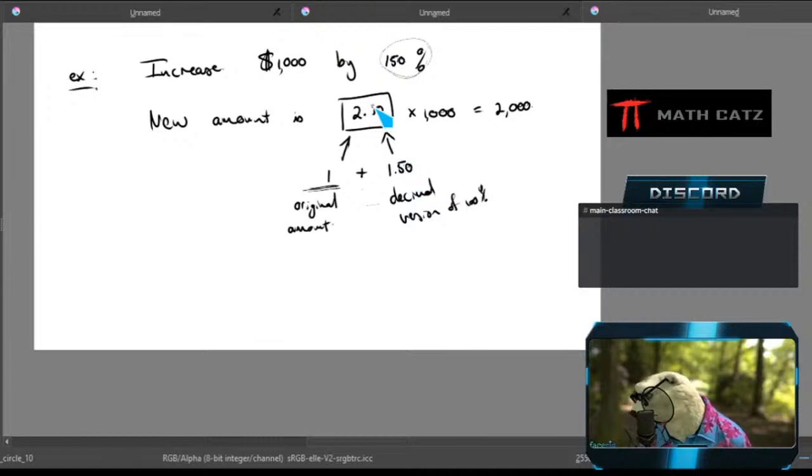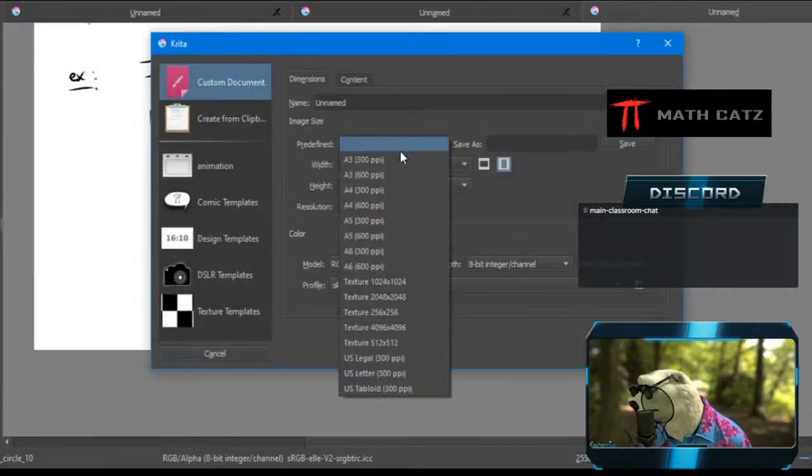And therefore, when I put that with the 1, I get 2.5. Obviously, the calculation answer will change to 2,500. But the construction of the calculation, that is the key. It doesn't change. It doesn't change. All right.